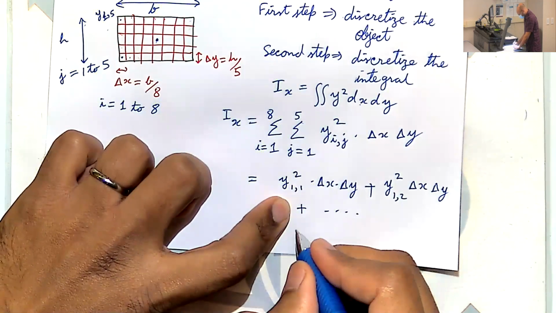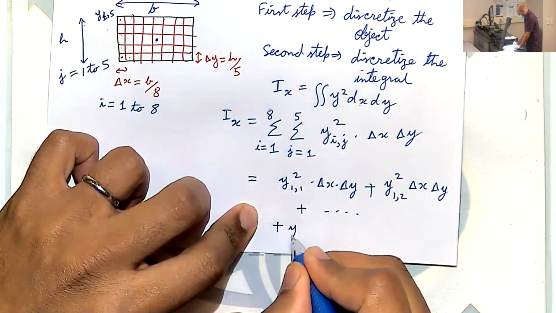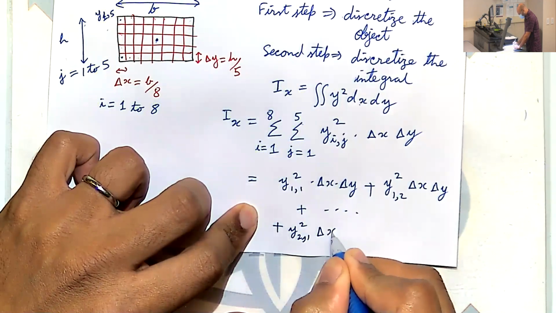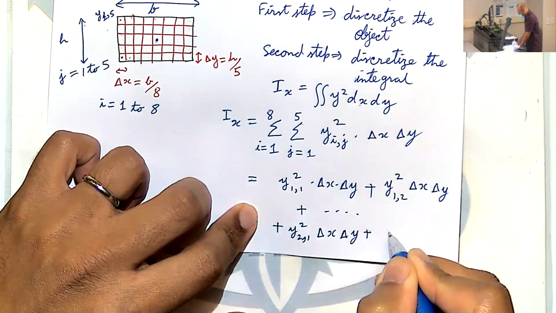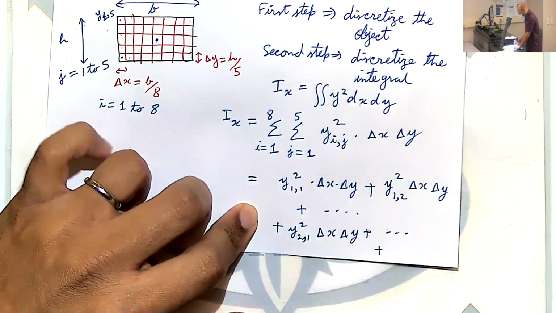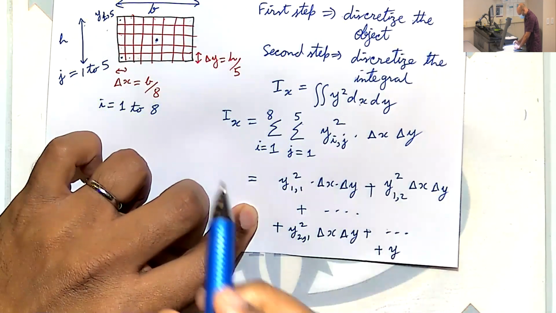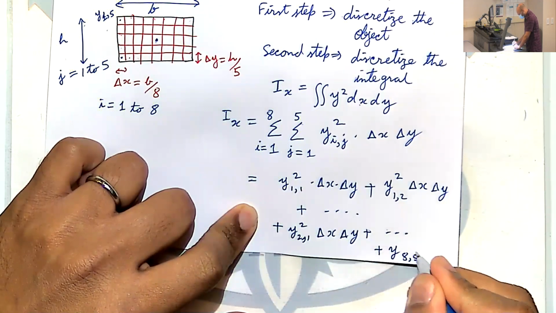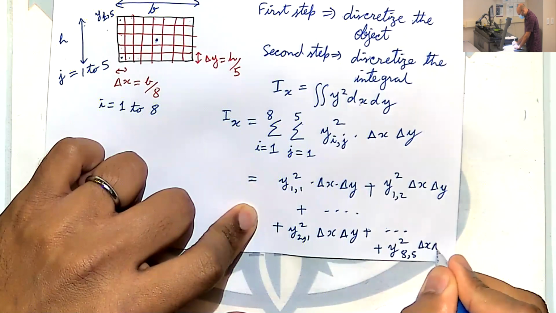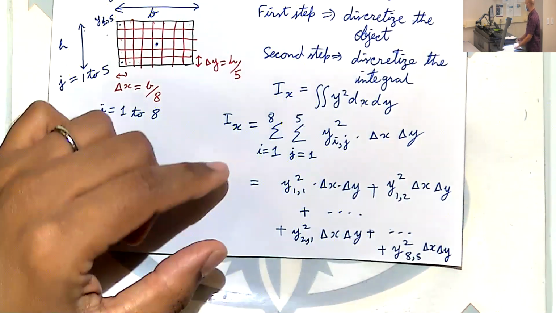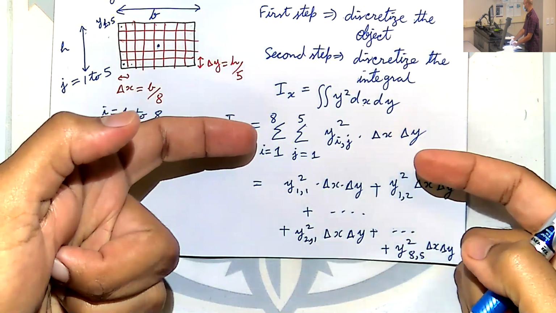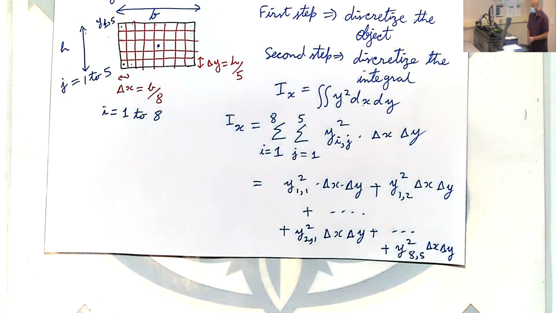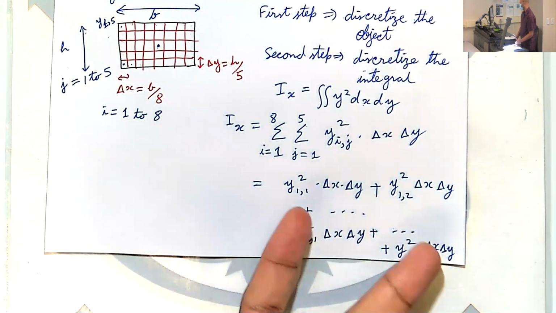So once you hit the second row, it will become y2,1 whole squared dx dy plus dot, dot, dot. And at the very end, you will end up with y8,5 whole squared dx dy. So this nice summation expands out into many, many terms, 40 terms, 8 times 5. And I mean, you'd write a program to do this. You wouldn't do this on paper.